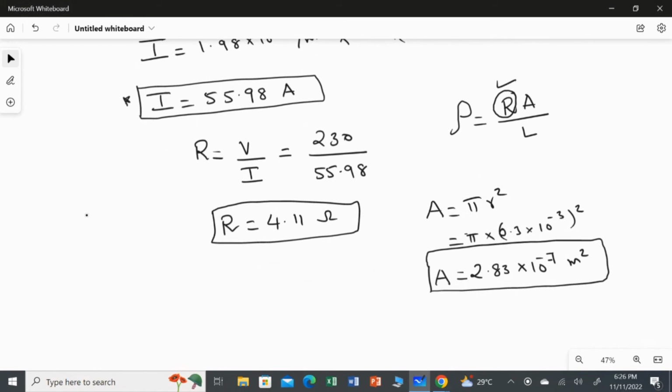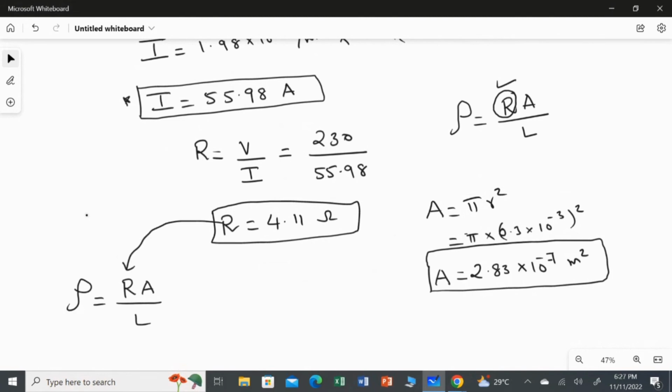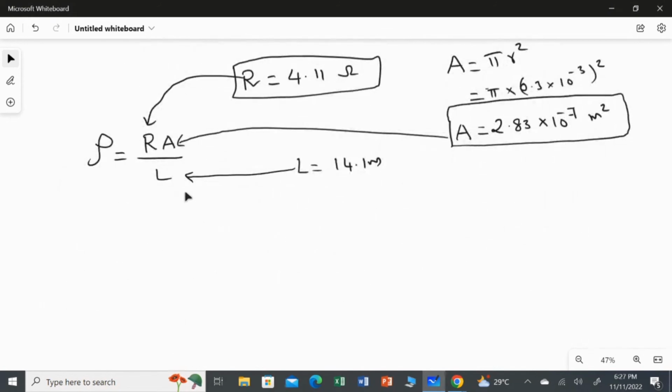Now we can easily find the resistivity of the wire, right? Okay, so now I'm going to write the equation again for the resistivity. Rho is equal to R multiplied by A over L. R value I'm going to substitute here, A value I'm going to substitute here, and the L value is already given in the question as 14.1 meter. Once you substitute all these, you will get the resistivity of the wire, right?